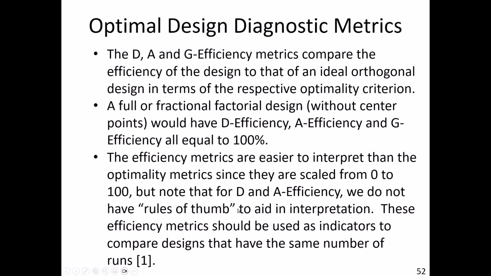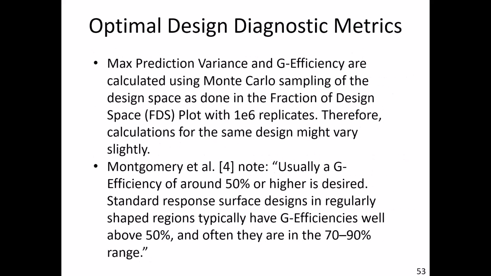But unlike R-squared rules of thumb, you can't really say that a particular value is good or bad for D and A efficiency. So they're really used to compare designs, right? So for the same number of runs, I can compare two designs, and the one with the higher efficiency is the better design. But that's not the case for G efficiency.